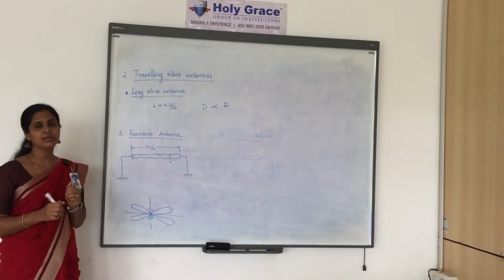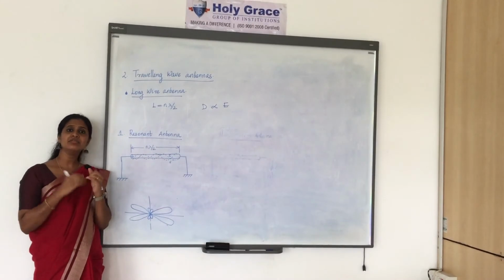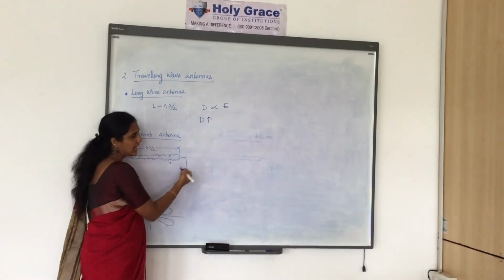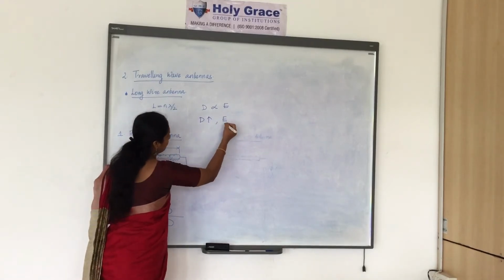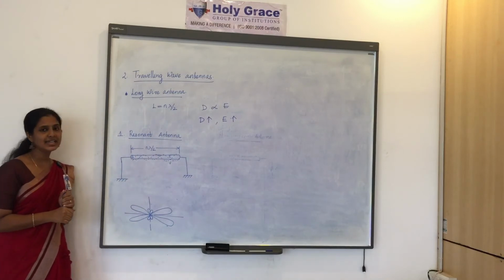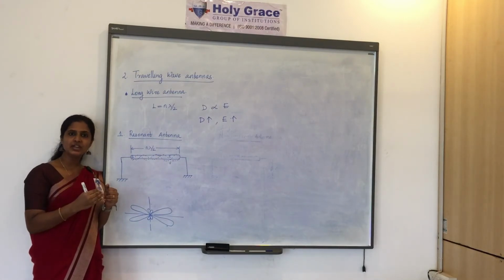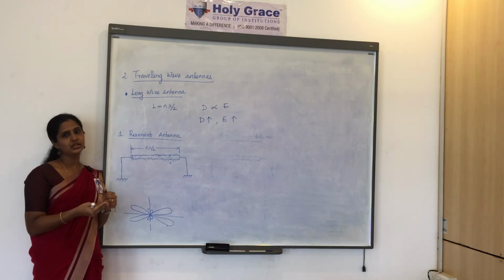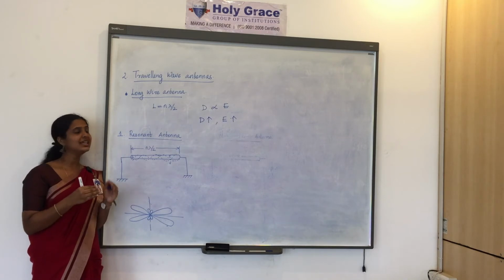If the antenna size is very high, the electric field pattern becomes very high, and we get more radiation intensity as output. That is the main thing to keep in mind about antennas.